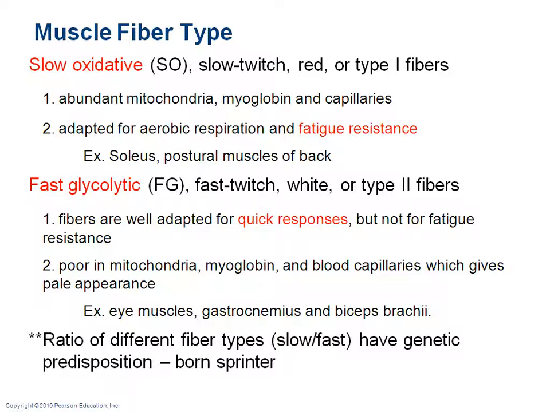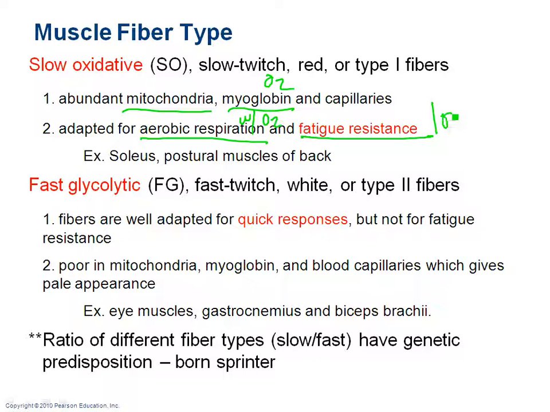So slow oxidative, I'm just going to list here and highlight: abundant mitochondria. Aerobic respiration is what they're adapted for. Fatigue resistant. So mitochondria, myoglobin, that's oxygen, aerobic respiration, so that's with oxygen, and they're fatigue resistant.